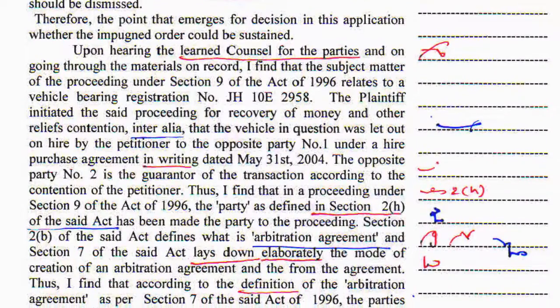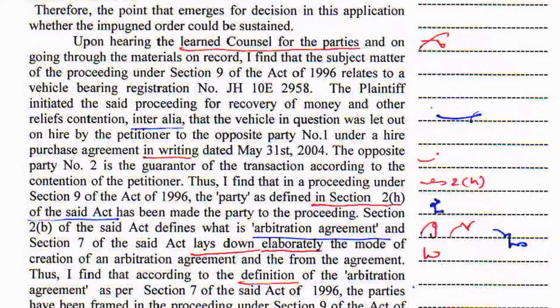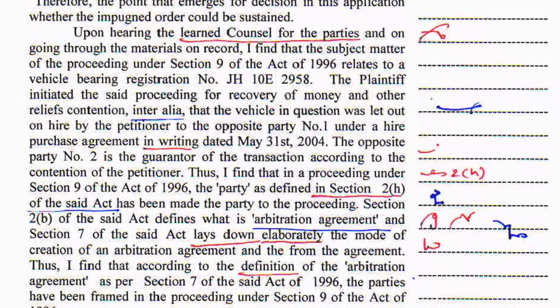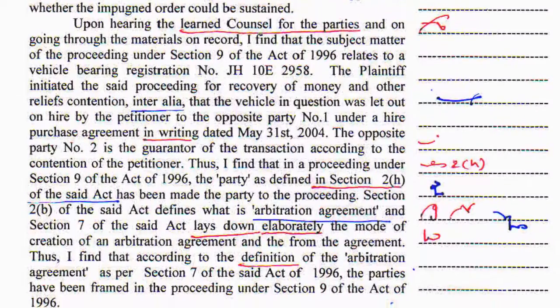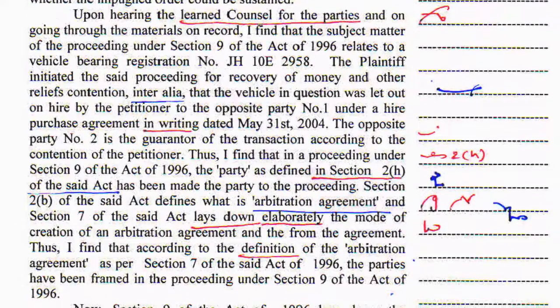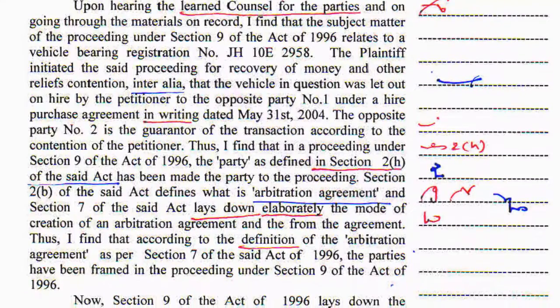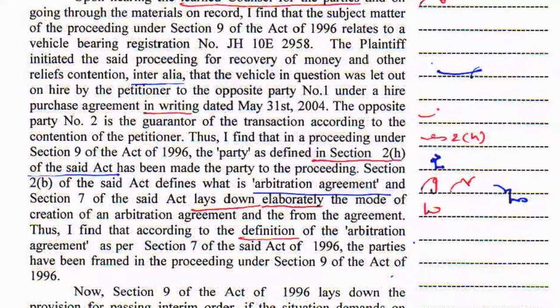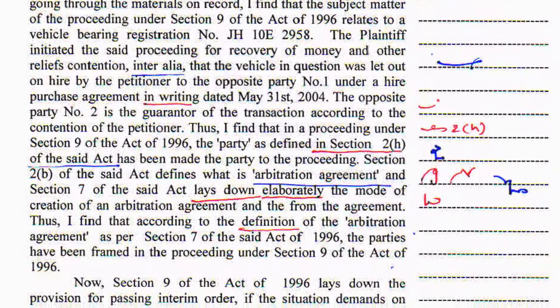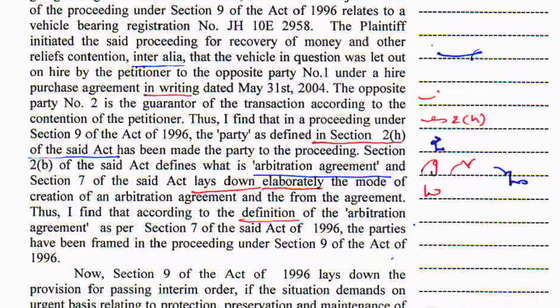Thus, according to the definition of the arbitration agreement as per section 7 of the said Act of 1996, the parties have been framed in the proceeding under section 9 of the Act of 1996.